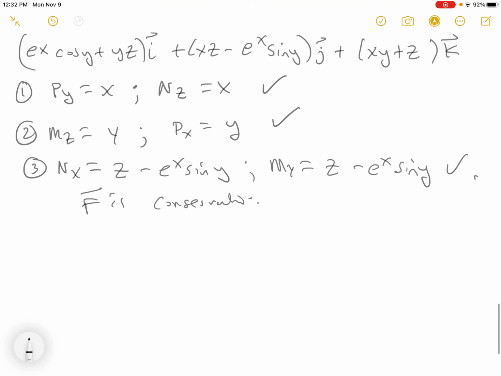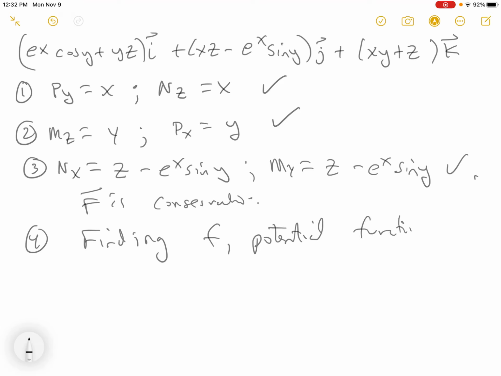Now we need to find Nemo, or f, the potential function for cap F. Now this is really hard. Okay. And if you had me for diffy q's, we did this. Reed and I argued a lot about how to do this.